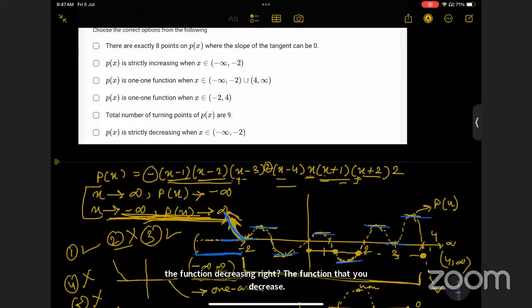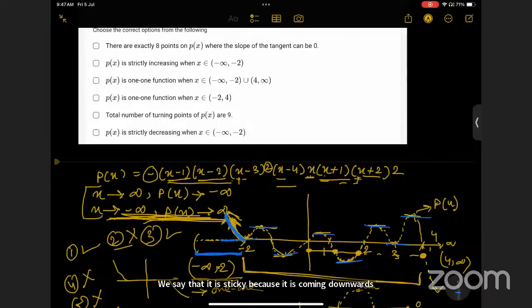Actually, they are asking from minus infinity to minus 2. So if we are considering this, it will be going down, which means it is increasing only. No, this is the interval, and this is going down, which means it is decreasing. For example, if we consider from minus 1 to 0, the function is increasing.